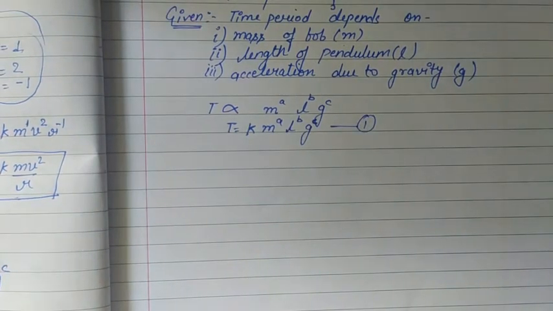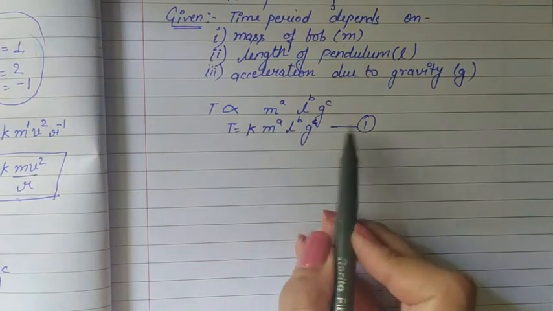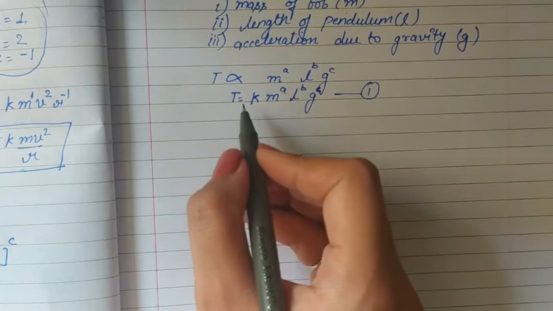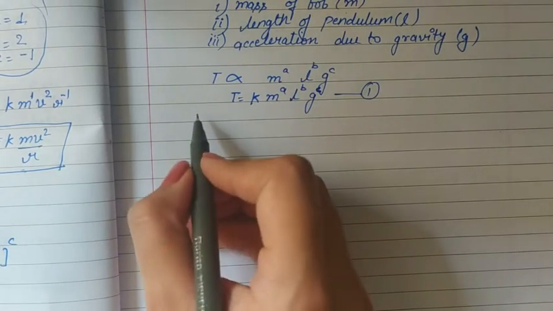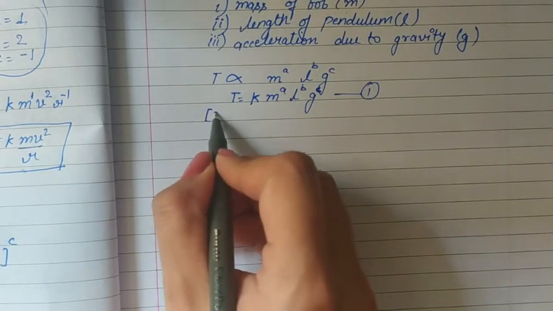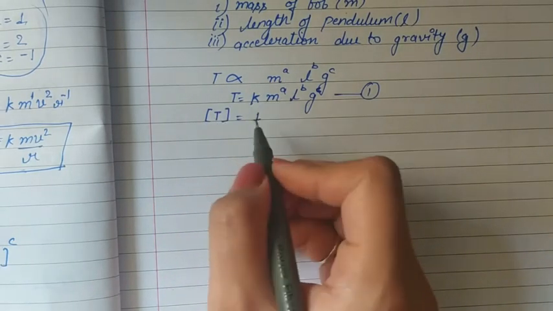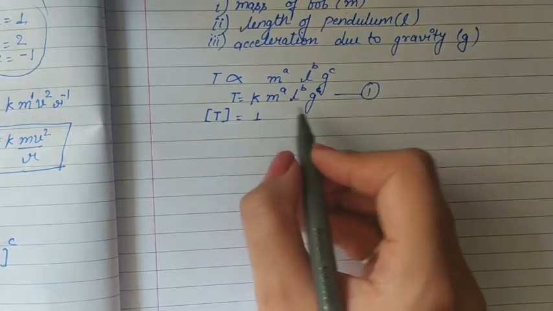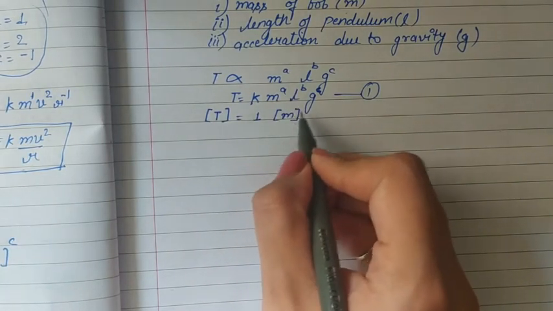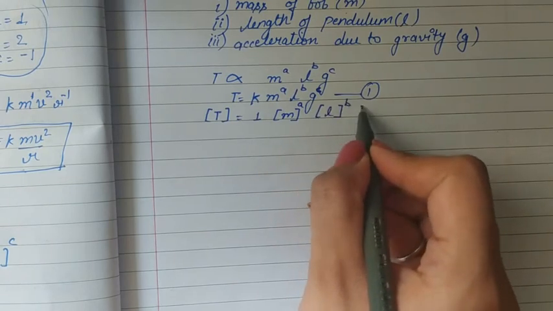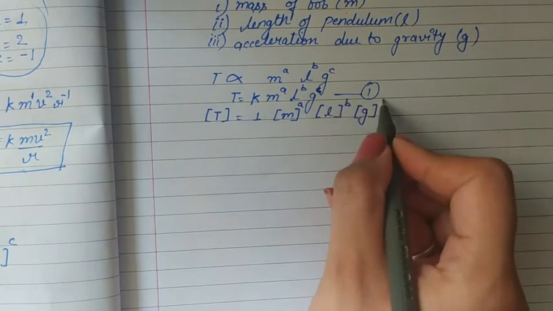So now we have to find a, b and c using dimensions, and then we will put those values in equation number 1. So let's start with the dimensions. If we apply the condition of dimensions here, then dimension of T is equal to dimension of k, which is 1 because it is a dimensionless constant, so we can write here 1. Dimension of mass power a, dimension of length power b and dimension of acceleration due to gravity power c.